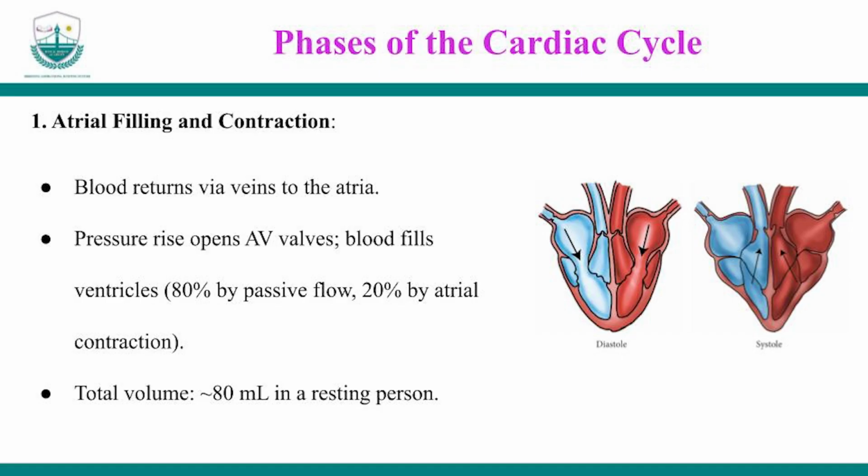Okay, so usually if you're resting, the amount of blood that enters the atria is about 80 milliliters. Okay, if you're not exercising, but of course it can vary depending on your level of health, your level of fitness, and things like that.